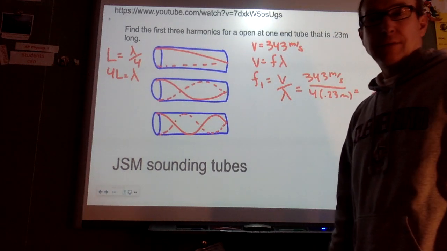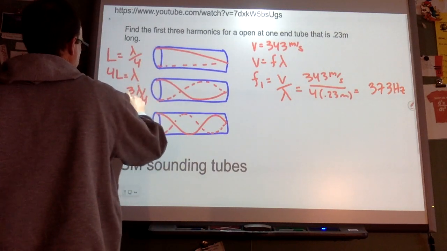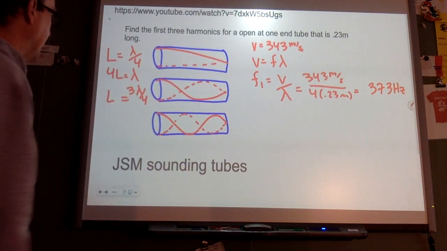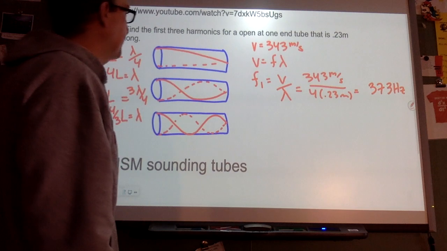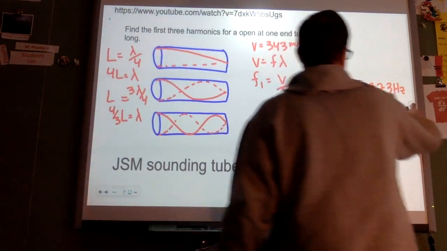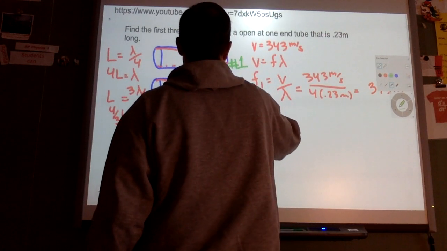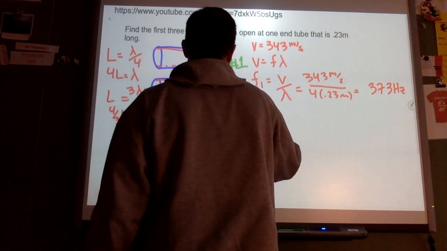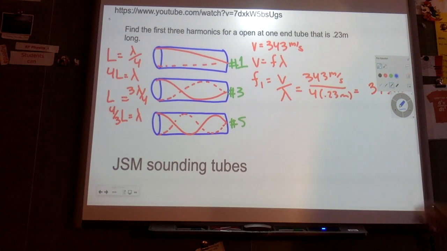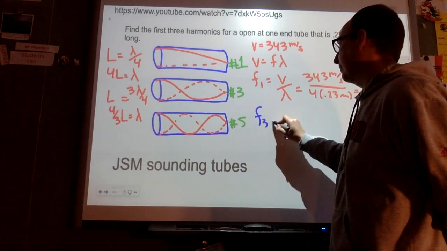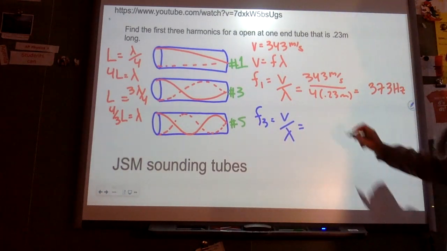For the second one, I have 3/4 of a wavelength in the length. So that tells me that 4/3 of L is going to be my wavelength. This is number 1. This is number 3. And this is number 5. So F3 is going to be V over the wavelength. Again, the velocity is constant.